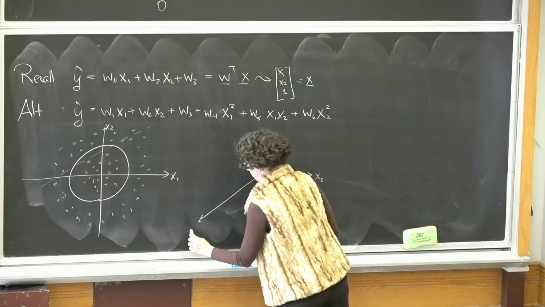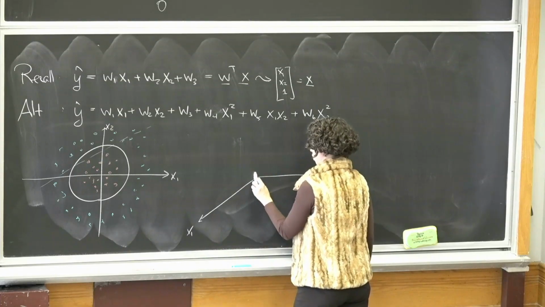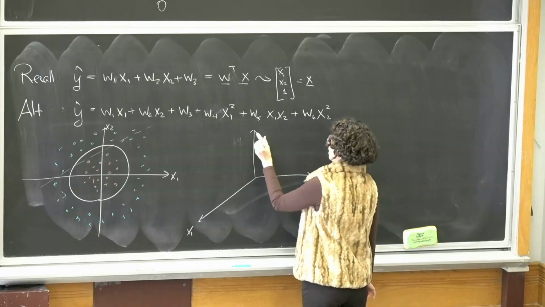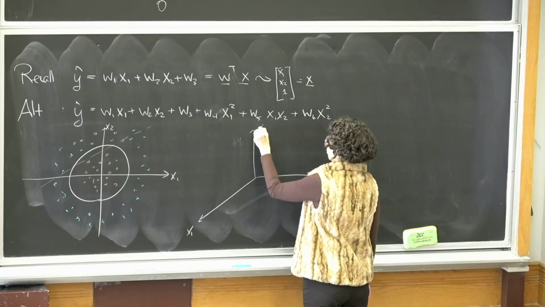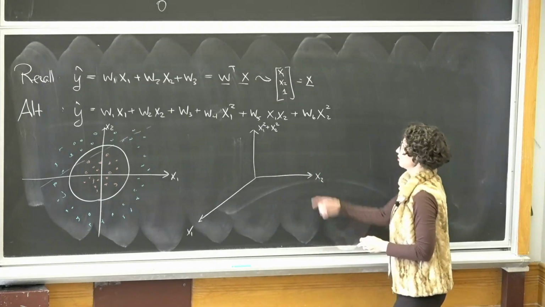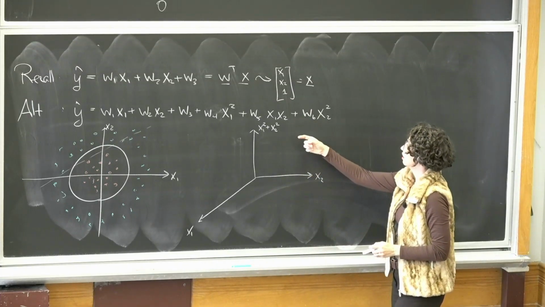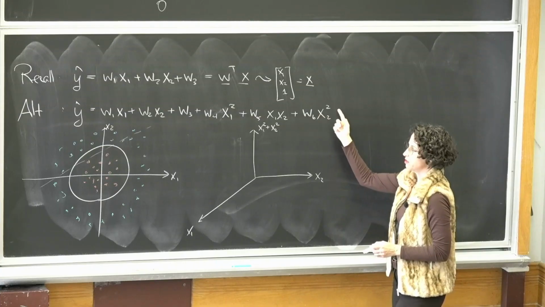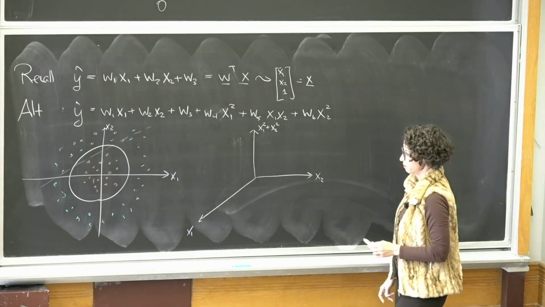So I've got x1, x2, and then my third axis here is going to be x1 squared plus x2 squared. Okay, so a combination of some of the features in this quadratic expression.